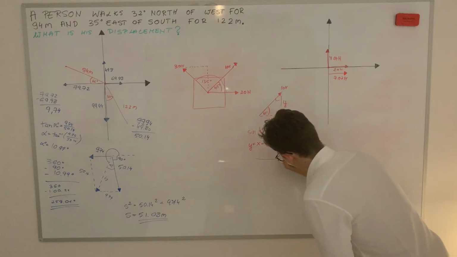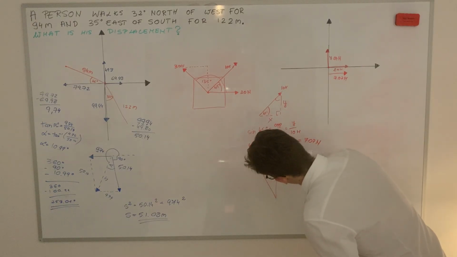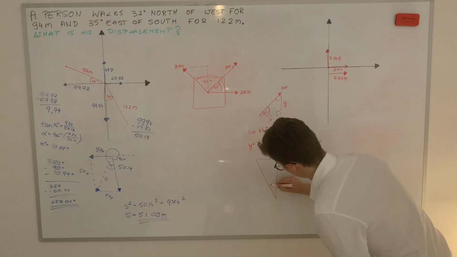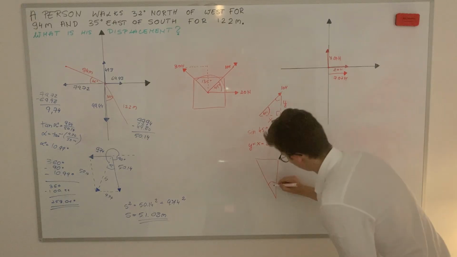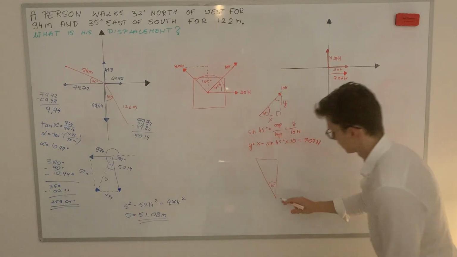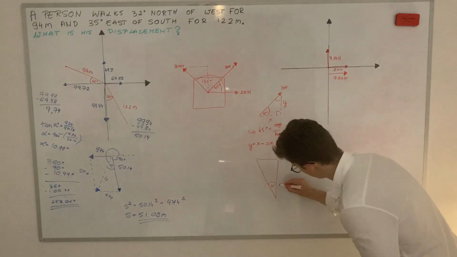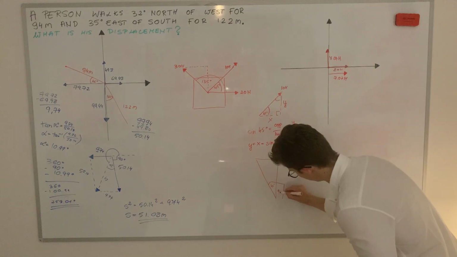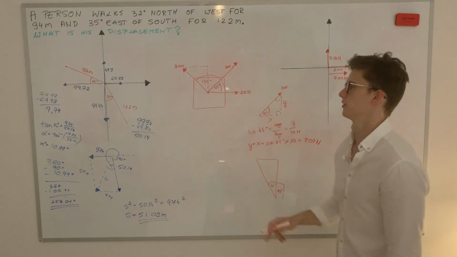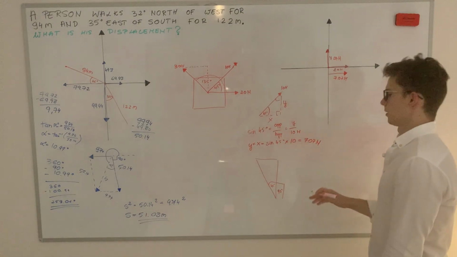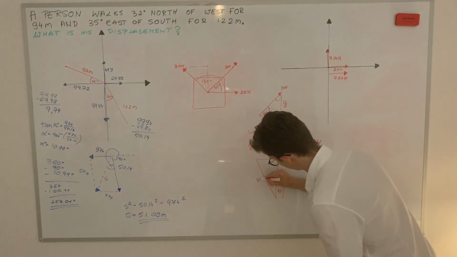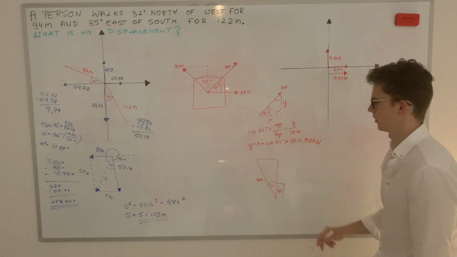And if we do that, we will find that this angle is going to be 45 degrees, right? Because here we're going to have 45 degrees, and here we're going to have 90 degrees, which will add up to 135 degrees. Okay, the magnitude of our hypotenuse, 30 newtons.